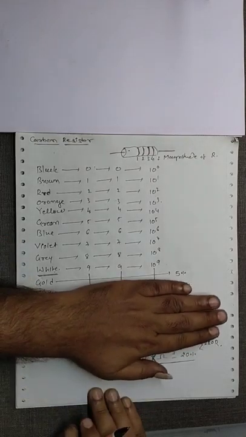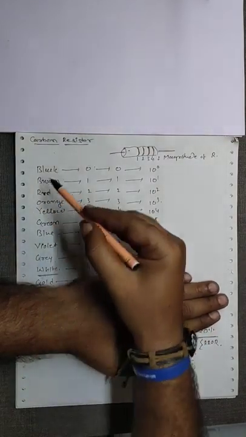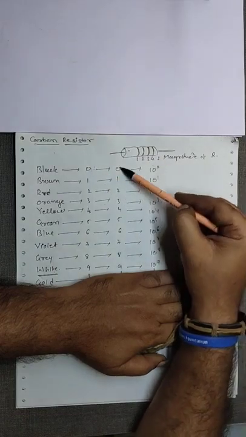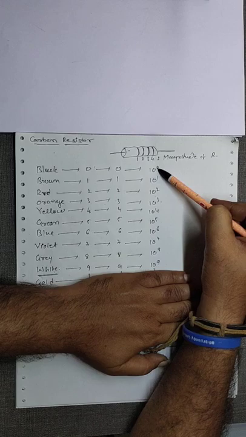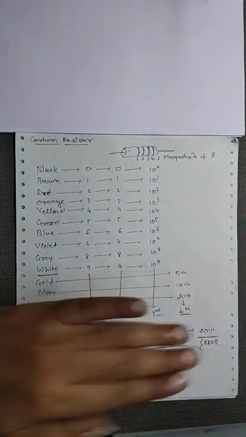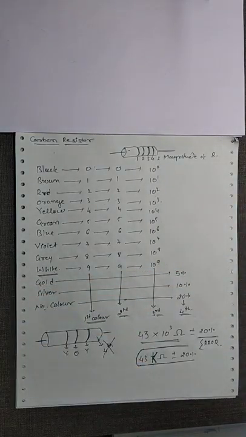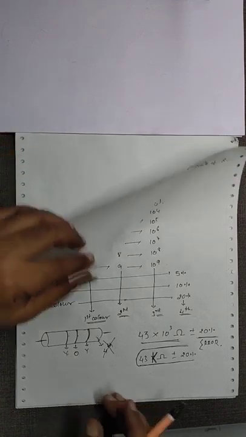For gold and silver you don't have to give numbers. Number starting from 0, 1, 2, and the third in the form of power. Clear? It is easy. Okay? Now let us see the second topic, that is electric energy.